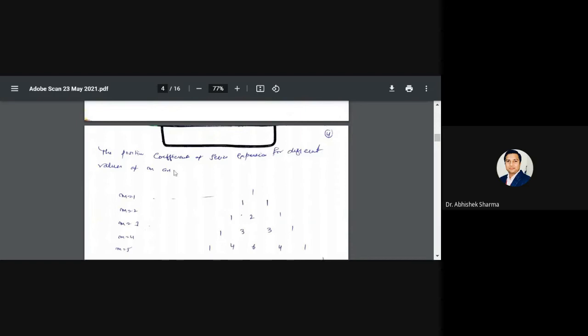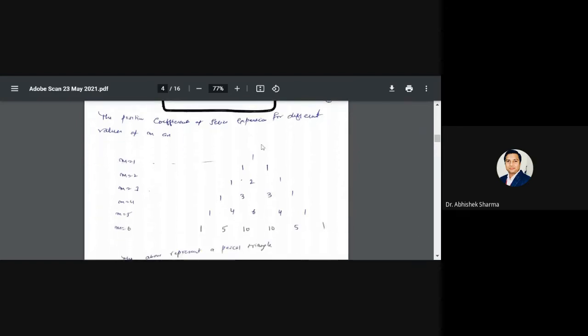So the position coefficients can be written like this: m1 is equal to 1, m2 is equal to 1 and 1, then m3 is equal to 1 plus 1, that will become 2, we will write 2 here, and we'll extend this one on this side and this one on this side.